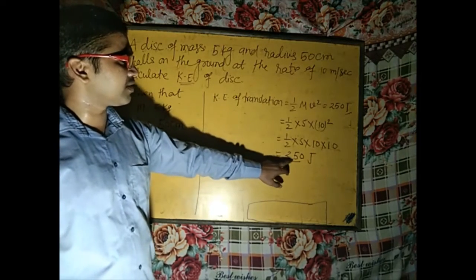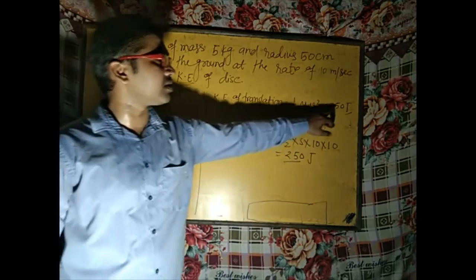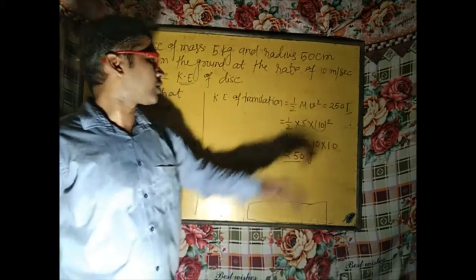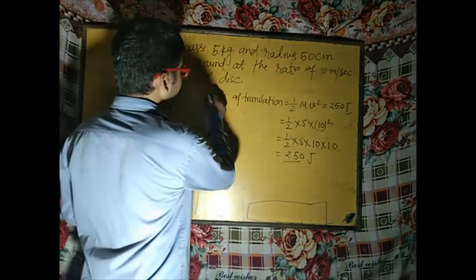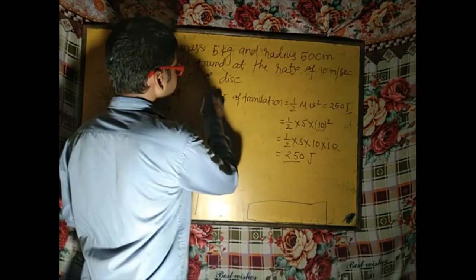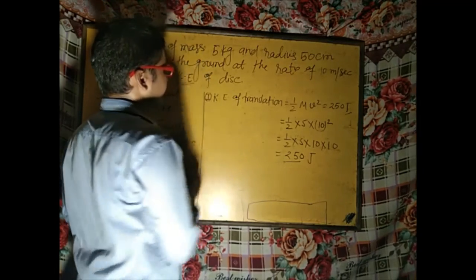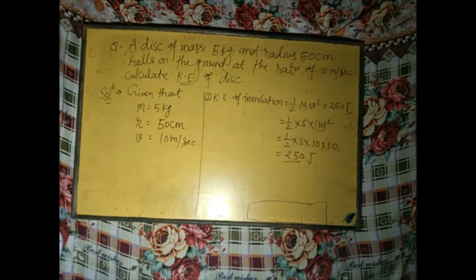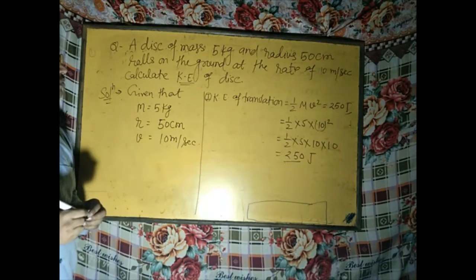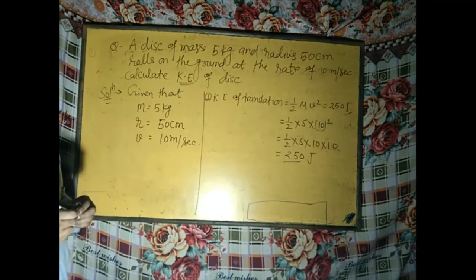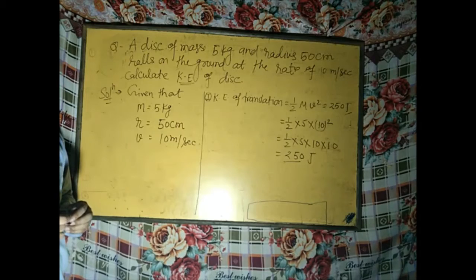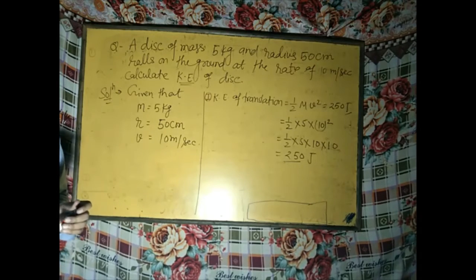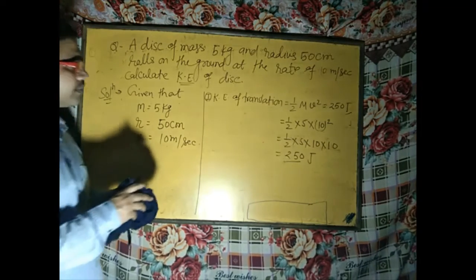So this net value, that is the result, is given here, 250. Okay, so we get the first part of the kinetic energy. Okay, so you should note it down. So I am erasing this part.